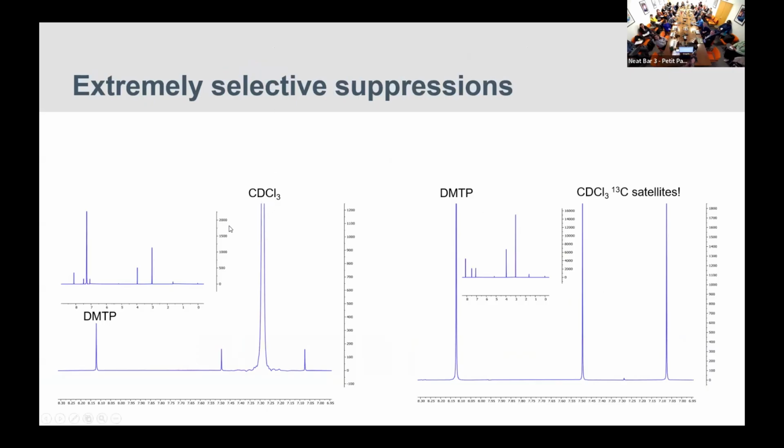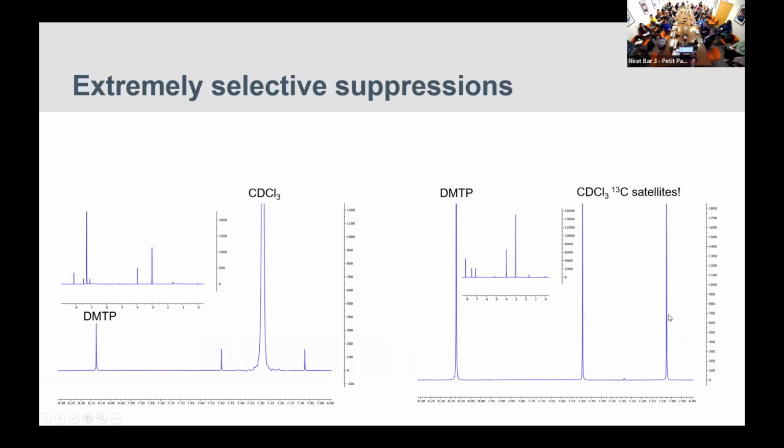So if you look at a sample where you have chloroform, for example, and this is not CDCl3, okay? This is my mistake. This is, of course, natural abundance chloroform. So if you have chloroform here, and you suppress using that sequence, you have a very, very good suppression and very selective.